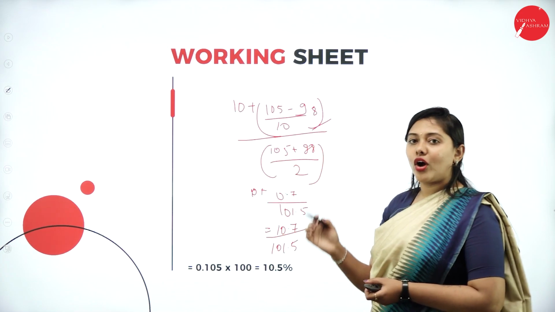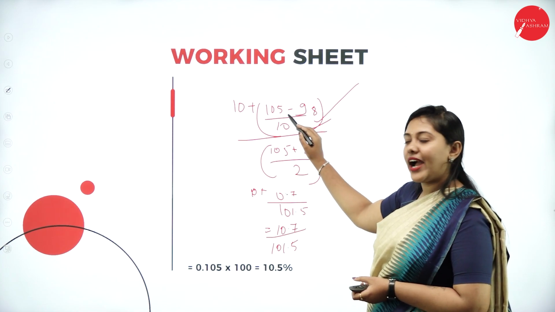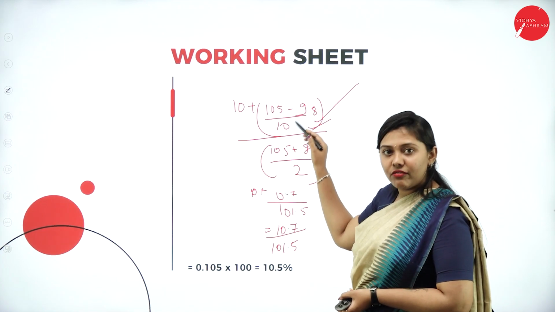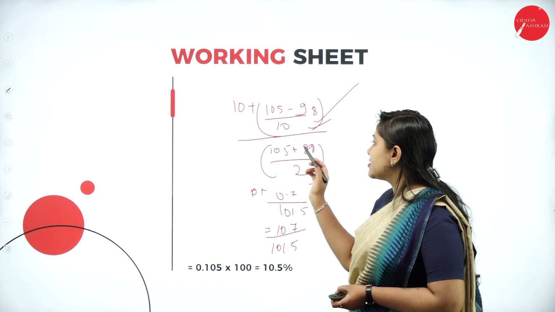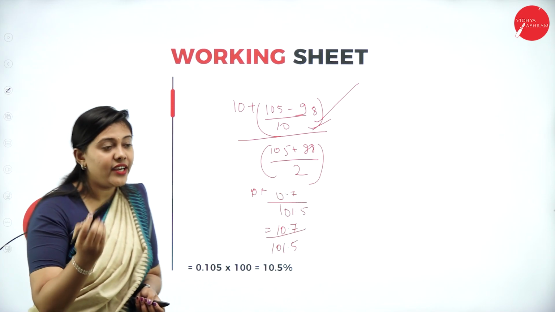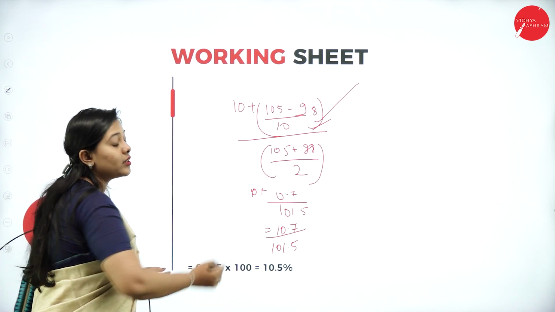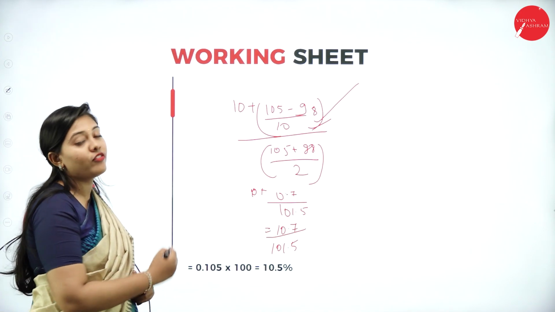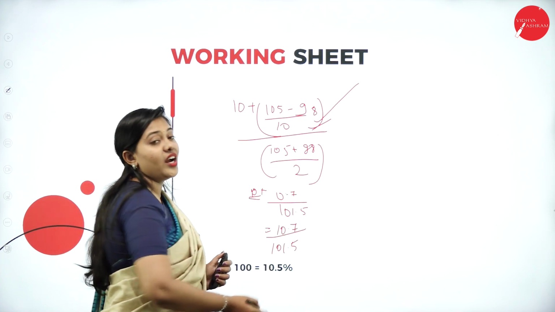So what you have to do is solve the numerator bracket first. 105 minus 98 divided by 10, so you get the value as 0.7. Next is 105 plus 98 divided by 2. If you do that, the answer you get is 101.5. So next step is what? Add the number to the dividend.